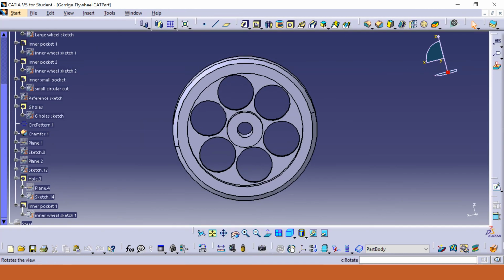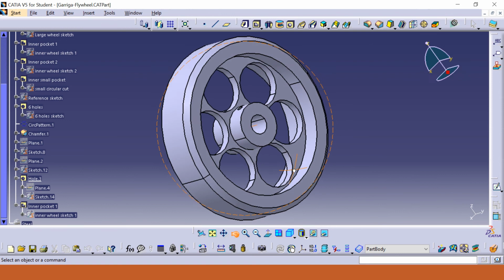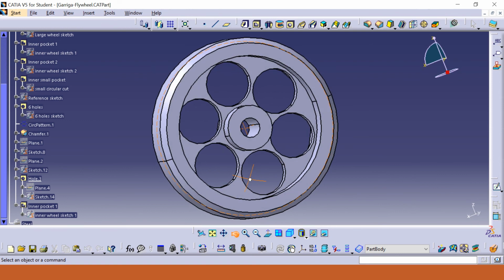So for the flywheel itself, this part wasn't that difficult to create, but the main difficulty on this one was the circular holes in the middle of the part.